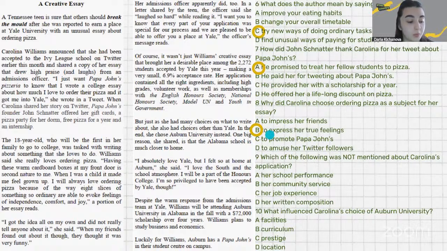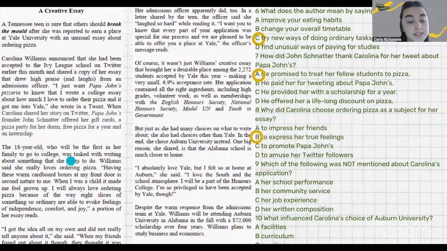Let's check our text. And there we have she was tasked with writing about something that she loves to do. And she said that she really loves ordering pizza. So she expressed her true feelings about it. Very unusual, but as it is.